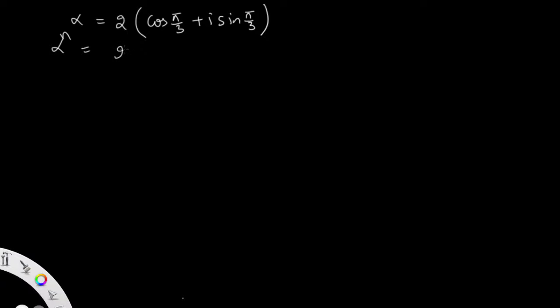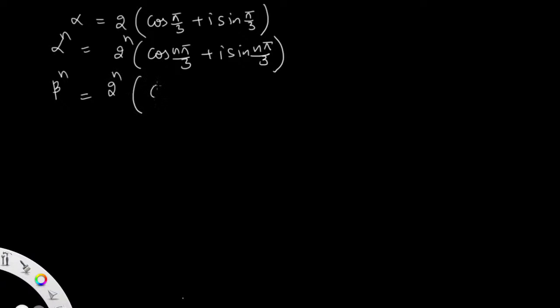Alpha to the power of n, with the power raised to n, is 2 to the power of n into cos n pi by 3 plus i sin n pi by 3. Why? Because it is in the form of De Moivre, the power goes inside with the argument. Similarly, beta to the power of n is the same thing, only the sign differs: 2 to the power of n into cos n pi by 3 minus i sin n pi by 3.